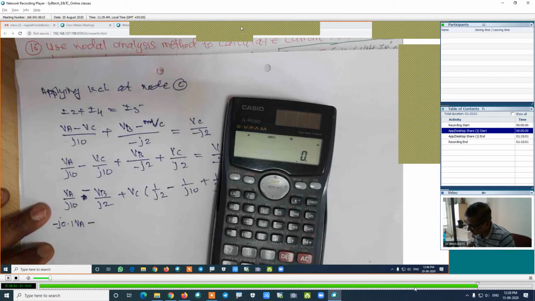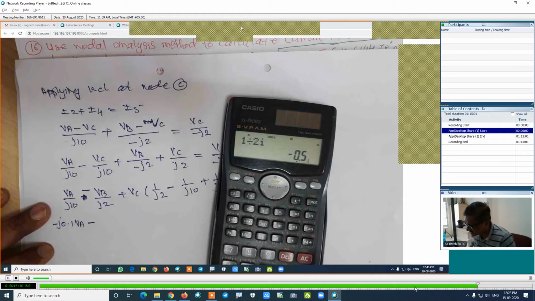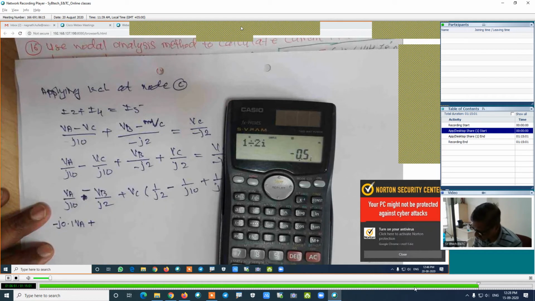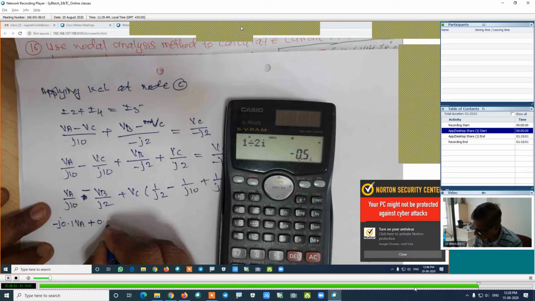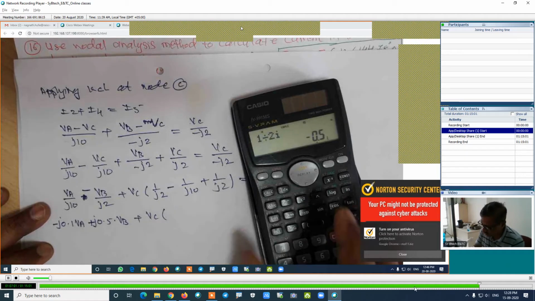This is 1 divided by 2i, which is equal to minus 0.5i. That minus and this minus, it will become plus 0.5i, which is j, this value into VB. This is VB plus VC in bracket this value.